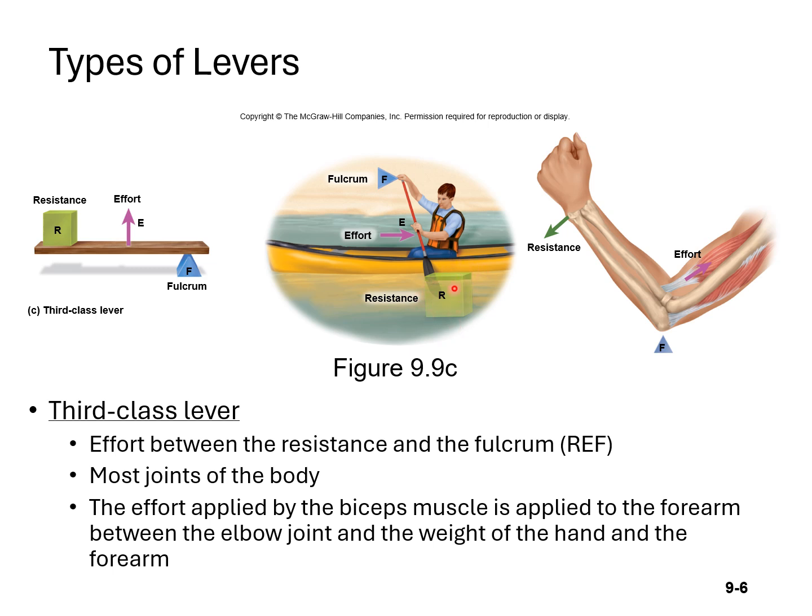If you look at the arm, the biceps brachii inserts onto the radius, right here. The resistance is going to be the wrist, and the fulcrum is going to be the elbow. Even though the muscle is over here, where it actually connects is right here. So the effort is between the resistance and the fulcrum.